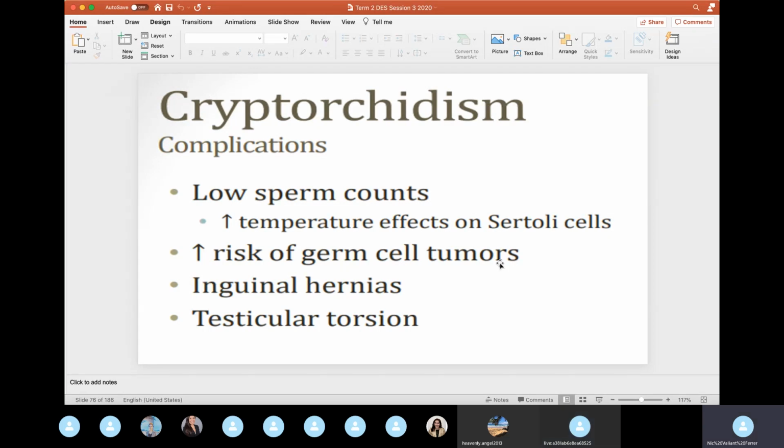It's in the abdominal cavity, so it's not yet descended. So that's your cryptorchidism. If it's caught earlier, then yes. But if it's caught at a later stage, not a baby, then you need to cut them both.